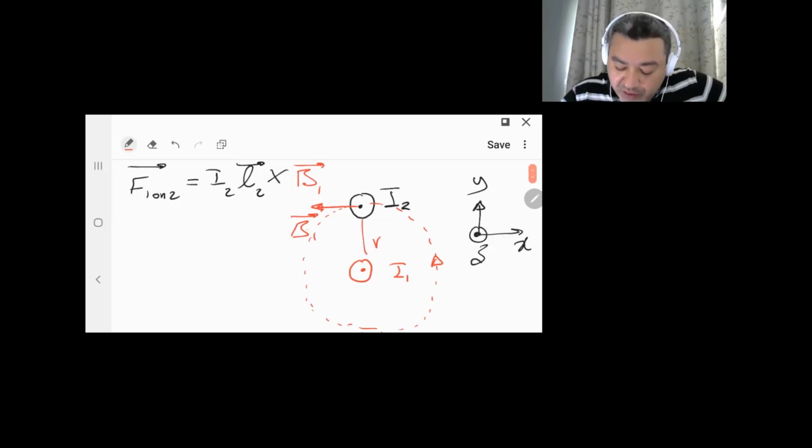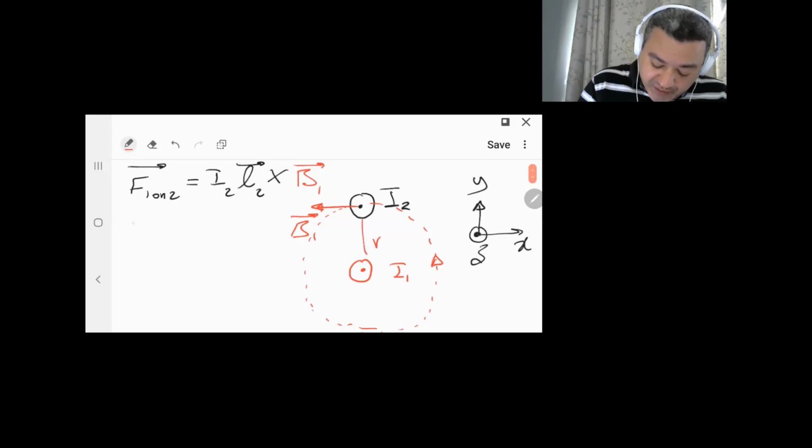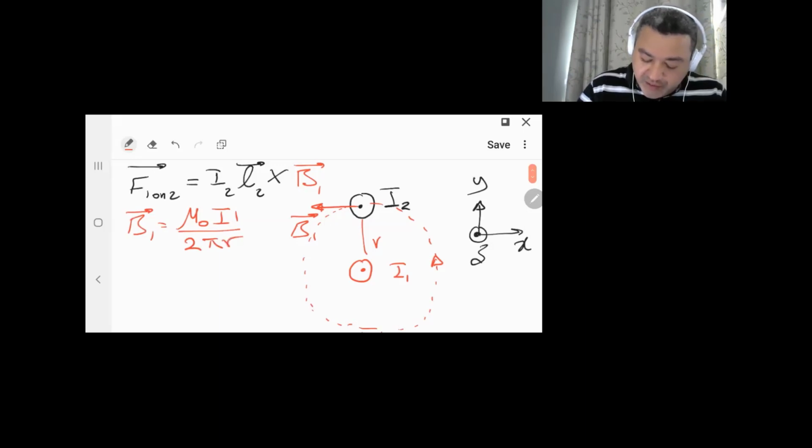So I have now B1 going into minus I hat, and I2 and I1 going into positive K hat. So if I am to write the magnetic field B1, it will be mu naught I1 divided by 2 pi r, and the direction would be minus I hat.